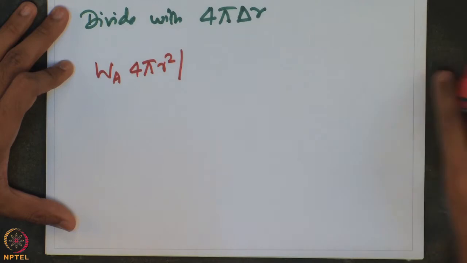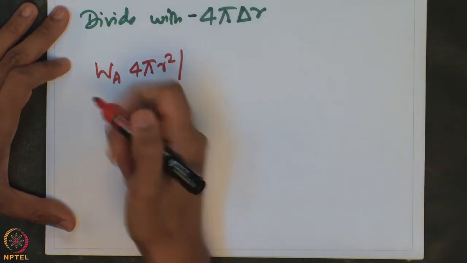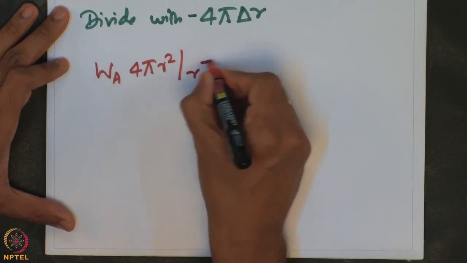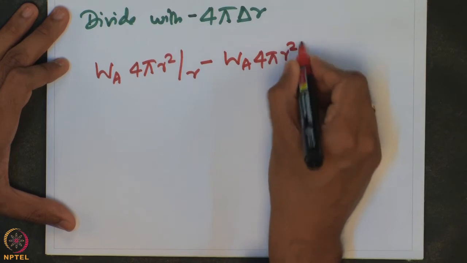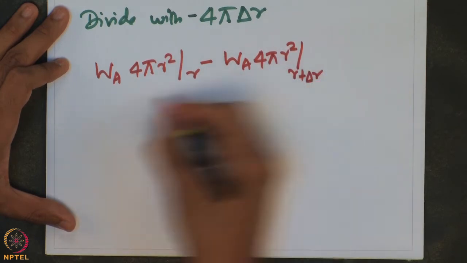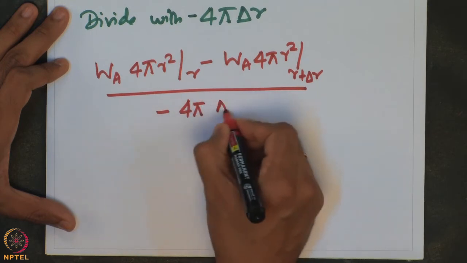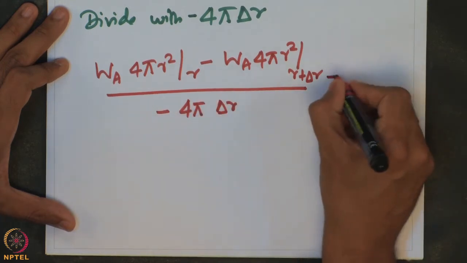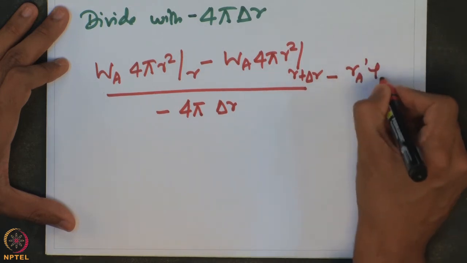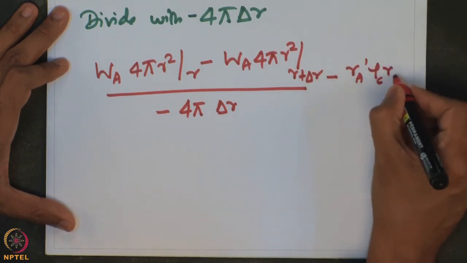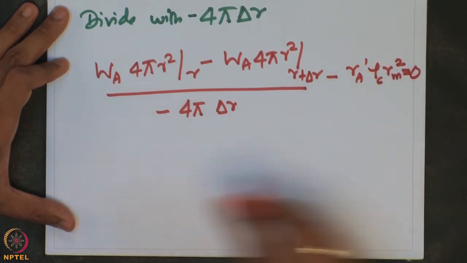So, let us say we divide with minus 4 pi delta r, and so that will be minus W A 4 pi r square at r plus delta r divided by minus 4 pi delta r, minus R A prime rho c into R m square is equal to 0.